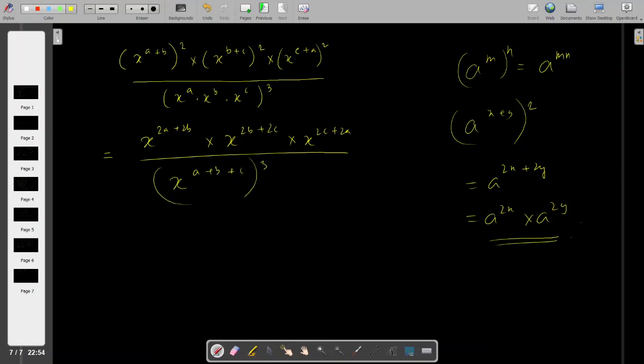So 3 will get multiplied to all of this. Now here, see, x is multiplied, so you can add the powers. So it will be 2a plus 2b plus 2b plus 2c plus 2c plus 2a, right? Okay, so here it will be x to the power 3a plus 3b plus 3c.